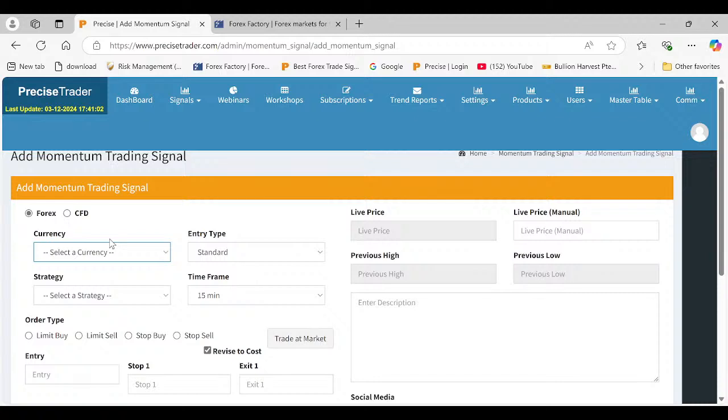So we will be going for a sell at 2646 and a half, with the stop at 51 and the target at 2636.